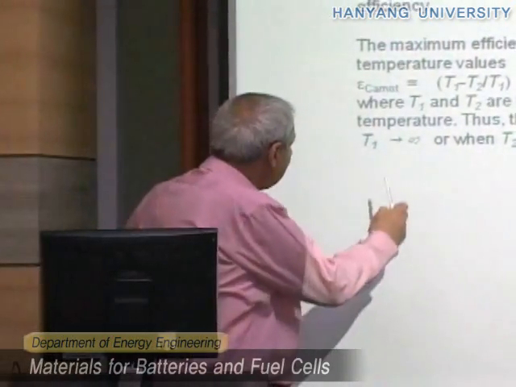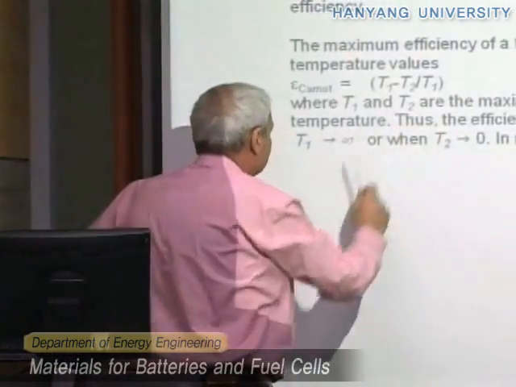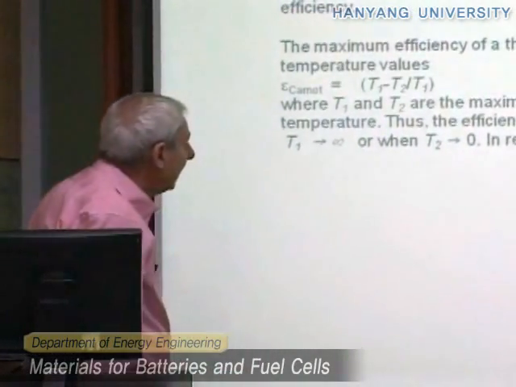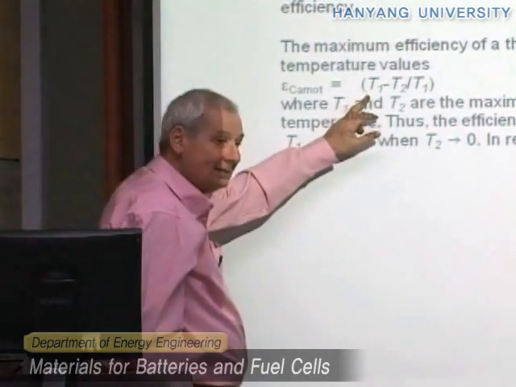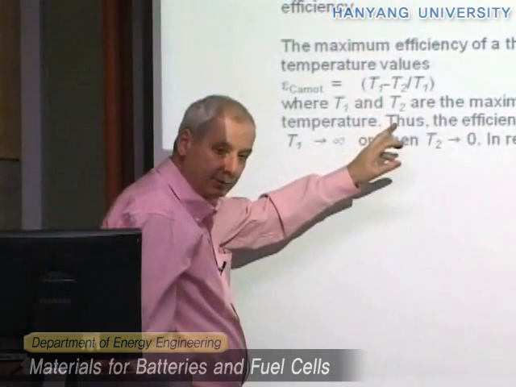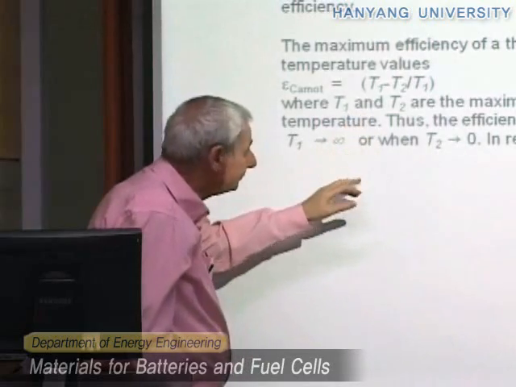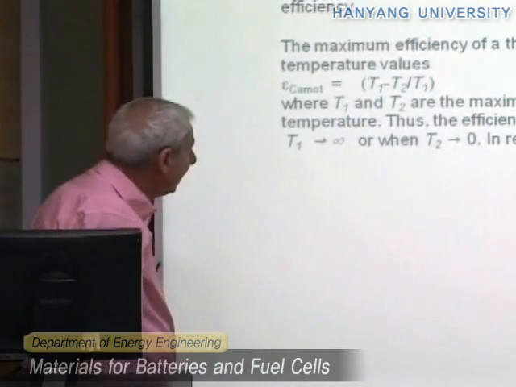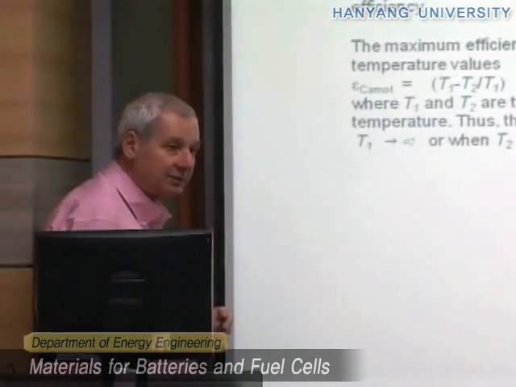And you see that efficiency in a thermal energy depends on this value. I have to point out that capital T stands for absolute temperature. T1 and T2 are the maximum and the minimum values of the operation temperature.